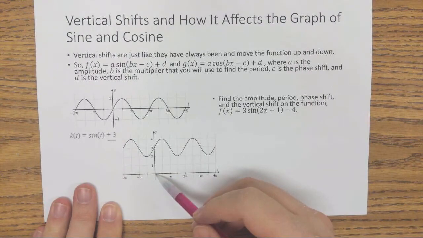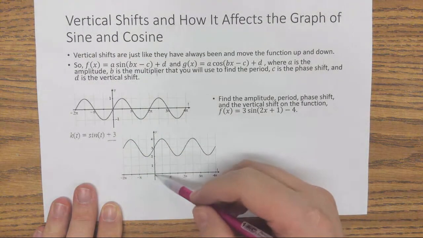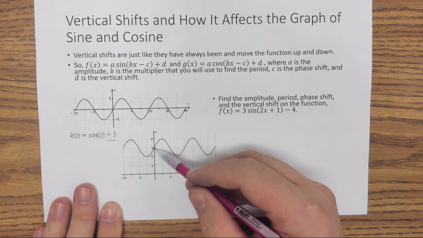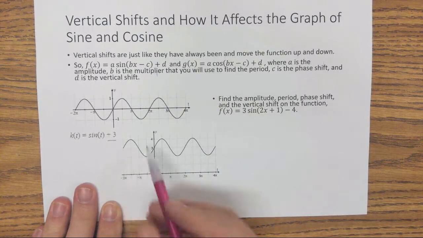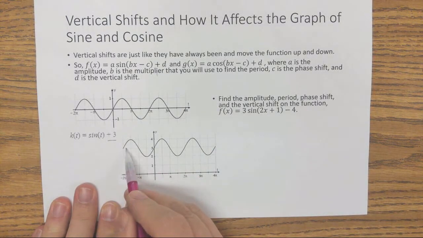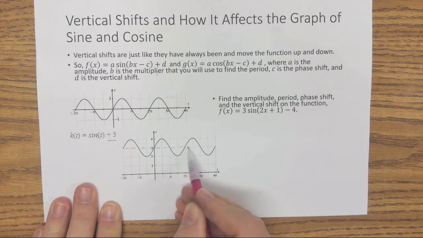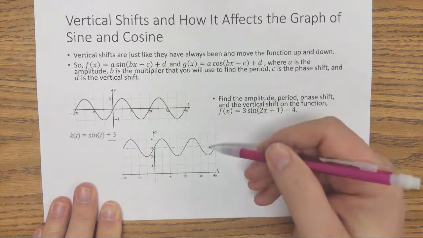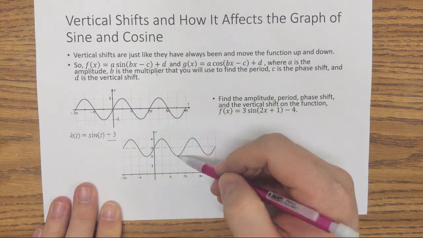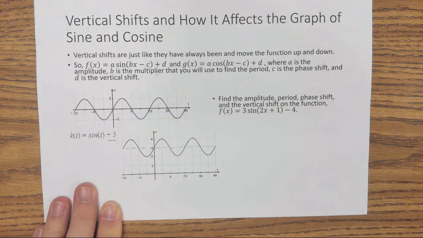It just takes that point at the origin and moves it up 3 units, and that's our starting point now. Sometimes it might be easier if you draw just a little line here to help you think about it and pretend like that's the x-axis, and then just draw your function again. Okay?